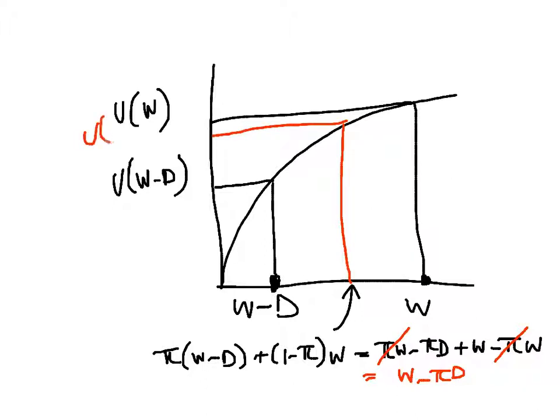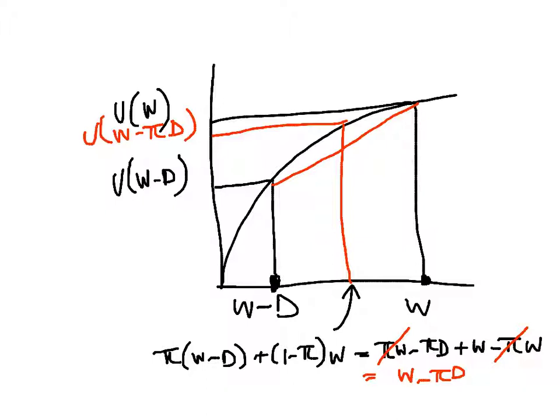This is the utility of w minus pi d, and it is always going to be greater than the expected utility of taking on the gamble and not insuring and simply living with the uninsured possibility that there's damage or no damage, which would be somewhere around here, as expected utility theory tells us.